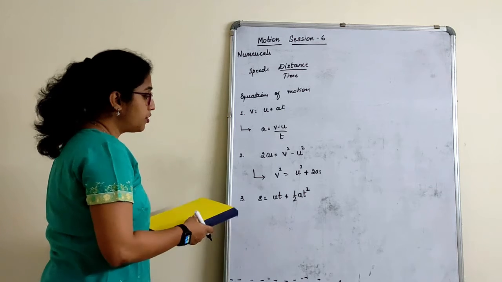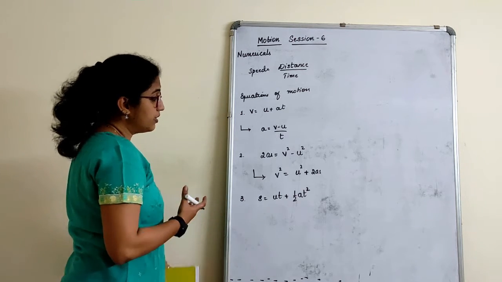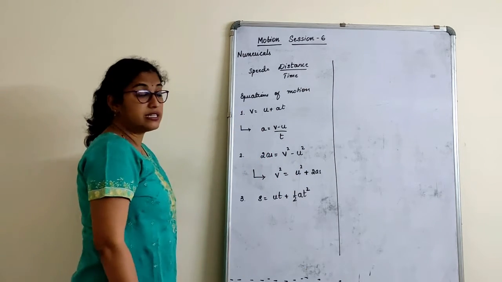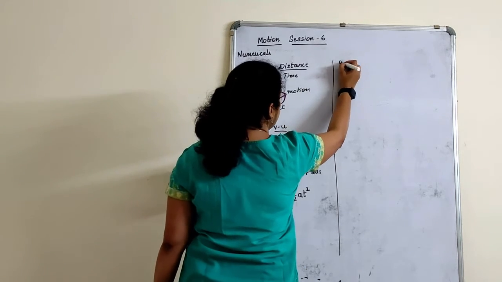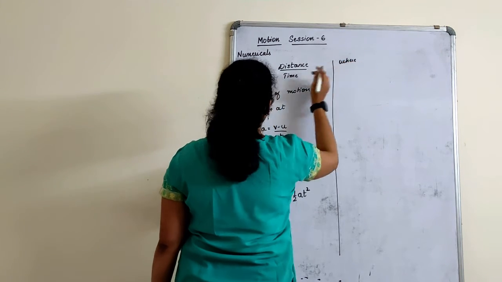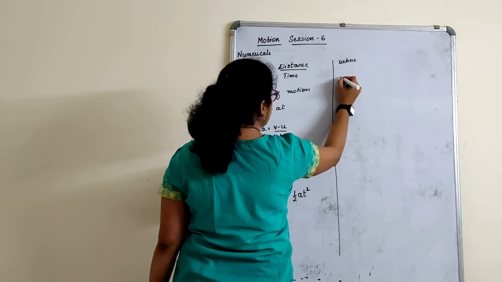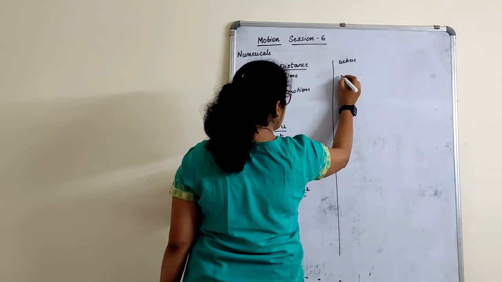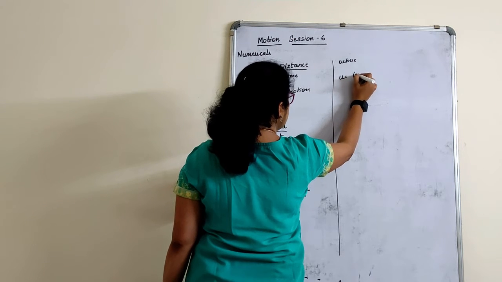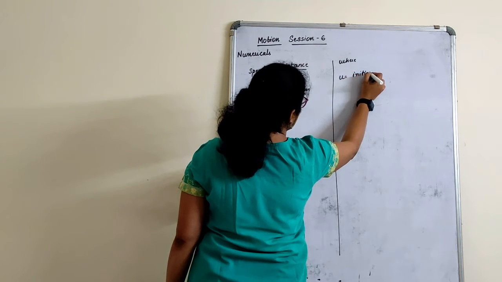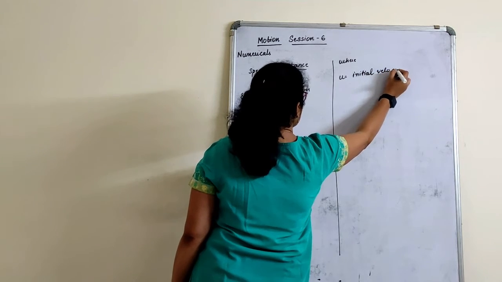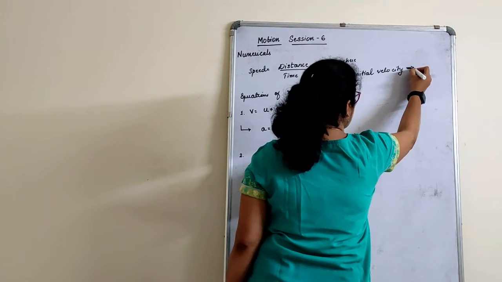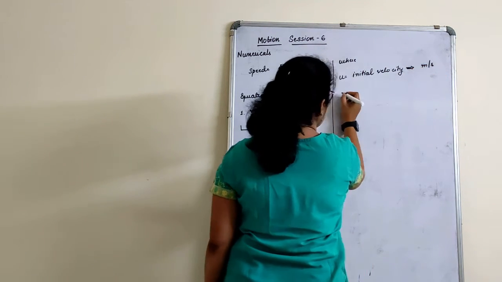With these formulas, let us understand what these are: what is S, what is distance, what is time, and what is the SI unit. I will first write where U is equal to initial velocity, along with that I will also write the SI unit, meters per second.